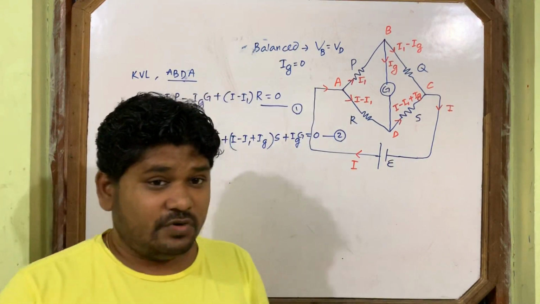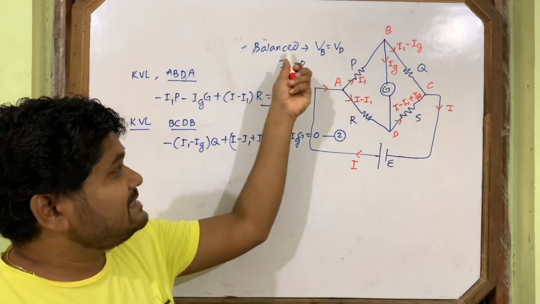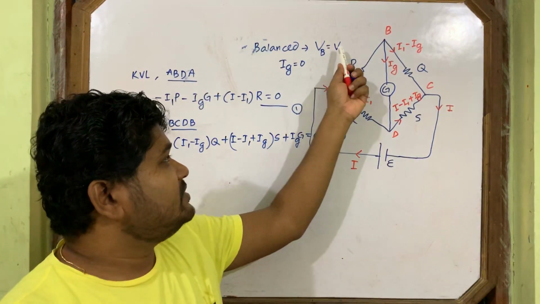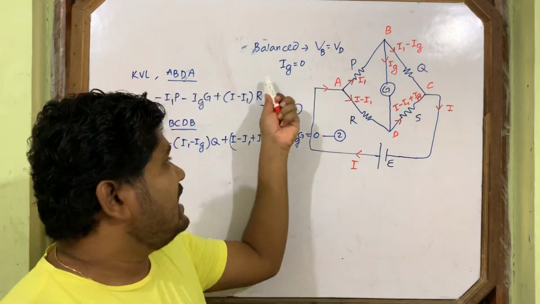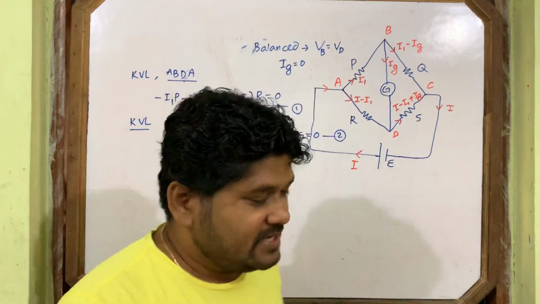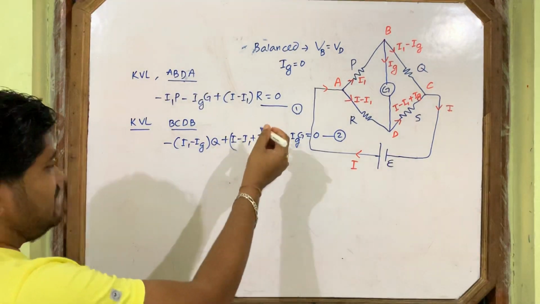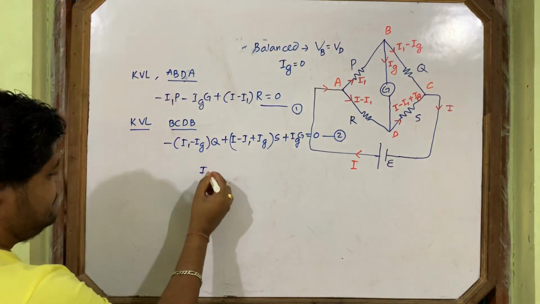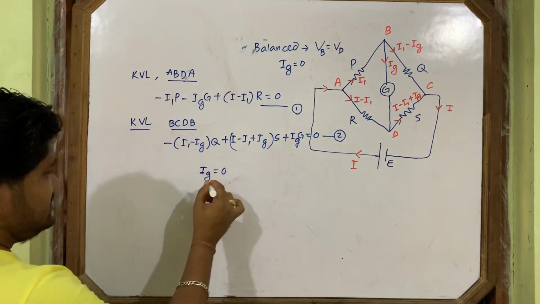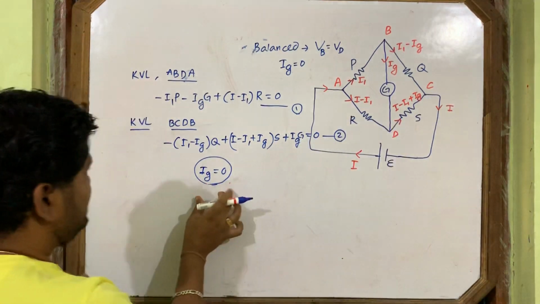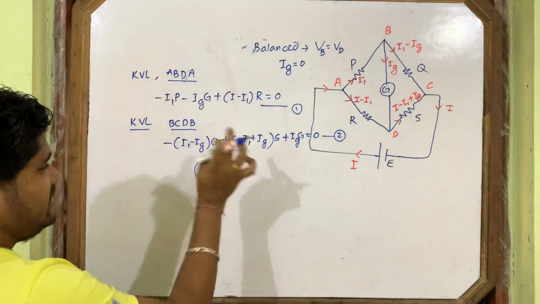But I just told you before, this bridge is said to be balanced if VB is equal to VD and Ig is equal to 0. We will discuss this bridge in the balanced condition. Now let's see, applying the balanced condition, Ig is equal to 0. When the bridge is balanced, what happens to equation 1 and equation 2?